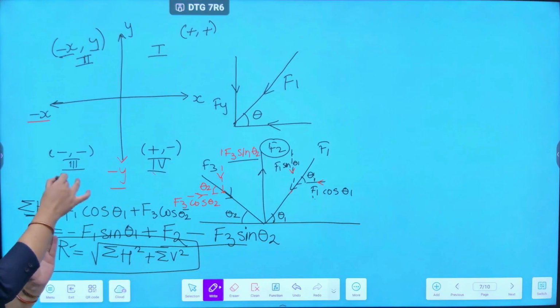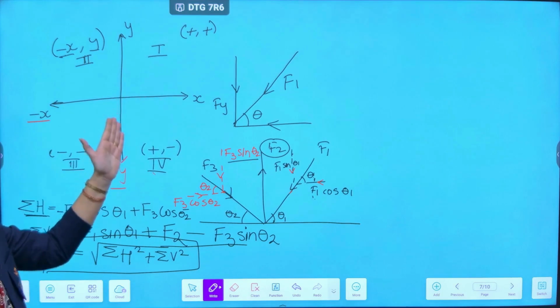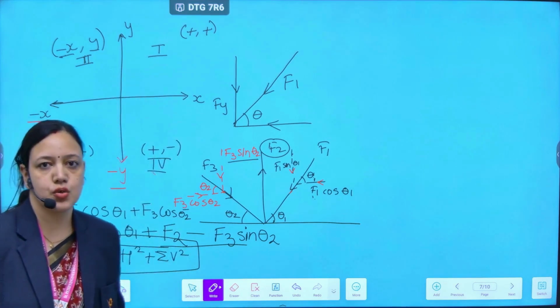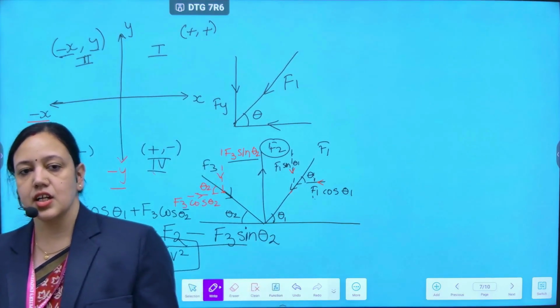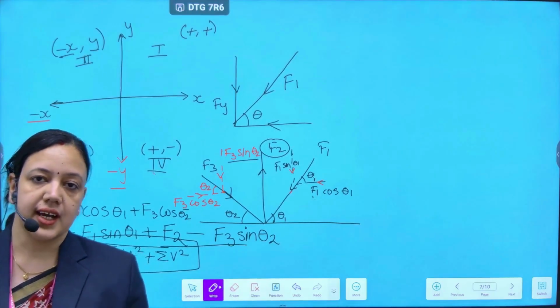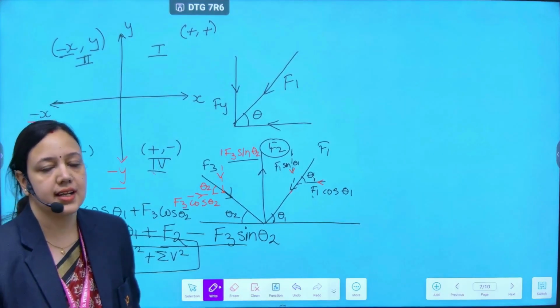Both negative, third quadrant. Sigma h positive and sigma v negative, it lies in the fourth quadrant. So that is how you can calculate the resultant, the angle, the direction, and also determine the quadrant in which it is lying.